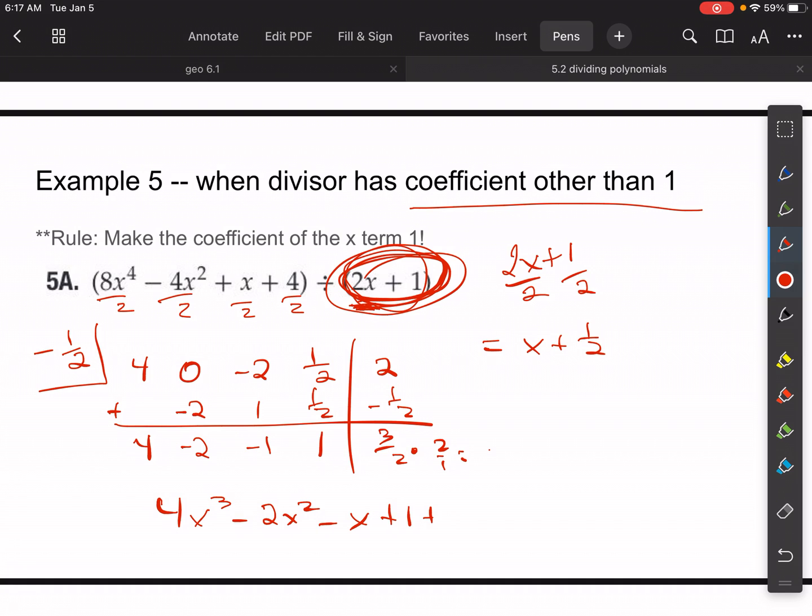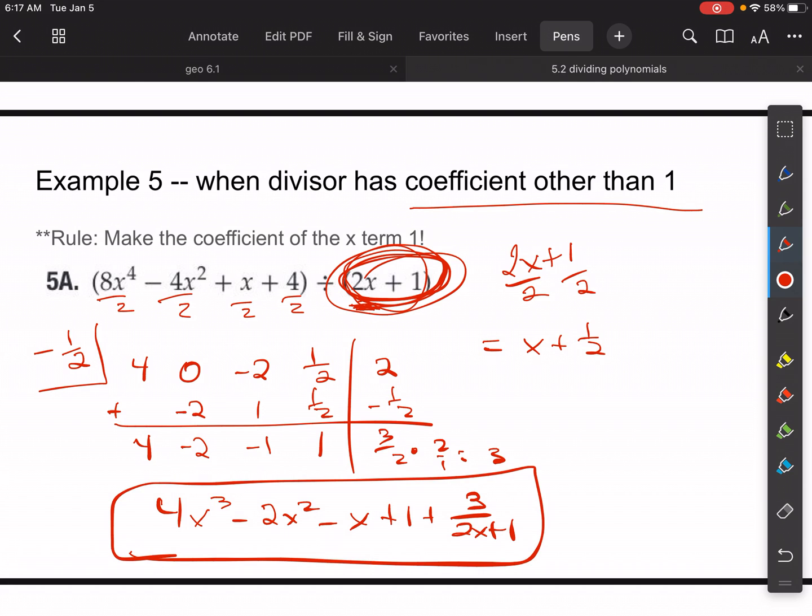Okay, so if you do that, you're left with, this is technically 3. So you'd have 3 over the original, 2x plus 1.